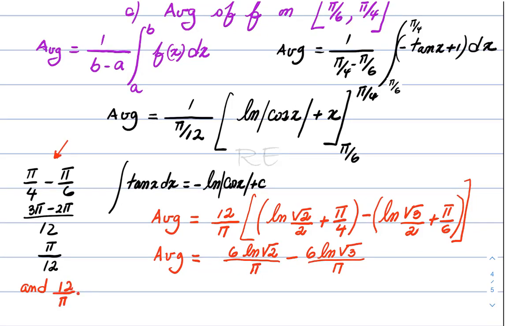And pi over 4 minus pi over 6 is pi over 12. And 12 over pi times pi over 12 is 1. So plus 1. So now the average value with a calculator is approximately 0.2256.